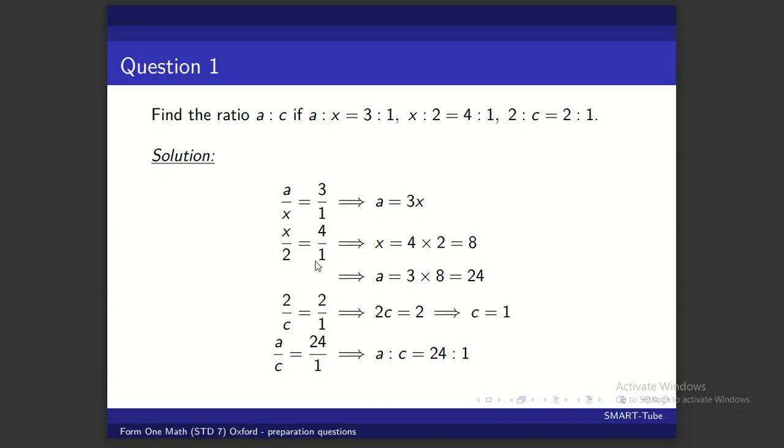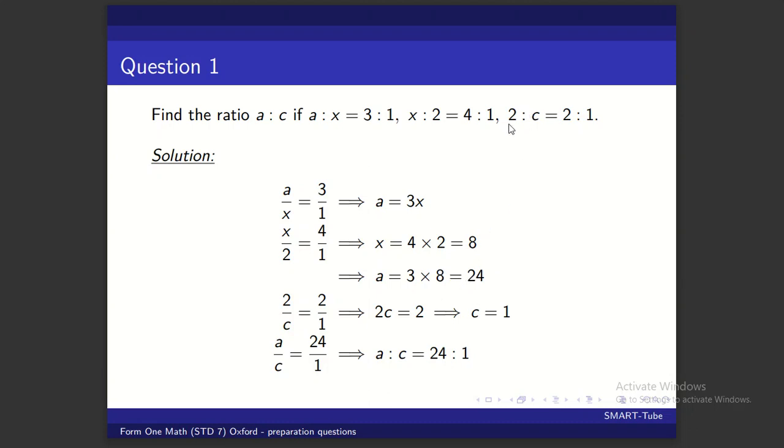Again, cross-multiplying, X is equal to 4 times 2, which is 8. Now you know the value of X. Then substituting here, you get A is equal to 24.